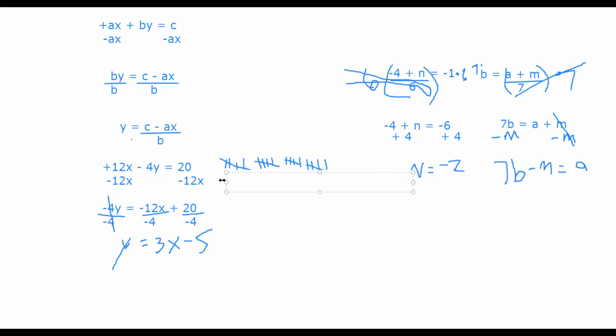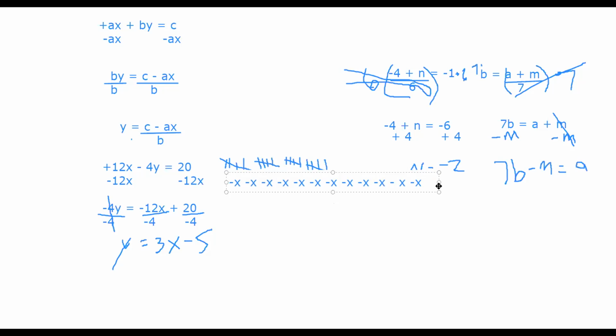Here's what 12 negative x's look like. 1, 2, 3, 4, 5, 6, 7, 8, 9, 10. They don't look alike. Can't subtract 12 from 20. Not when the 12 is 12 negative x's. 20 is just a number.